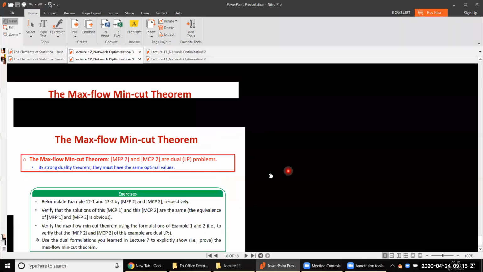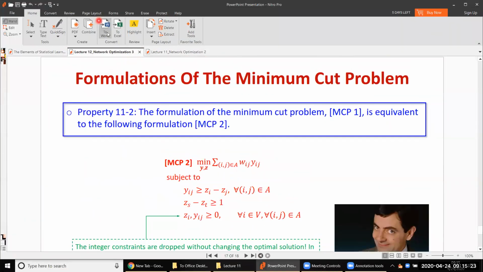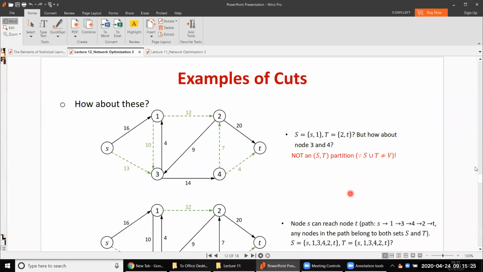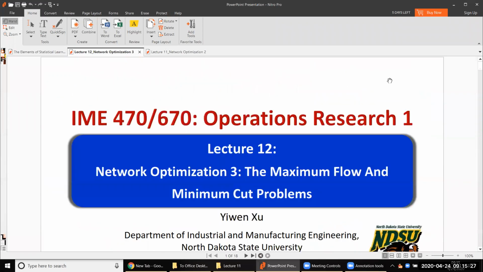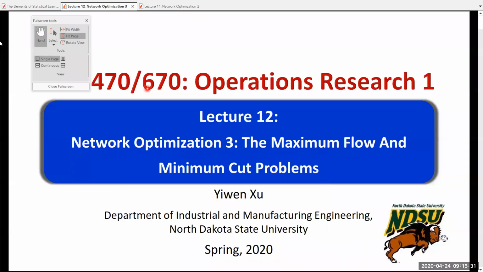Now let's go to lecture 12. Is this lecture 12? Yes. Okay, now let's go to lecture 12. So in the lectures so far for network optimization 1 and 2, lecture 10 is network optimization 1, which is the formulations and a bit more applications about the shortest path problem.